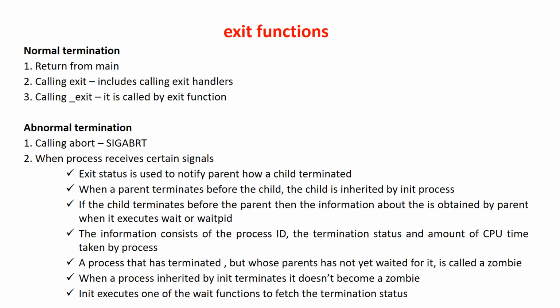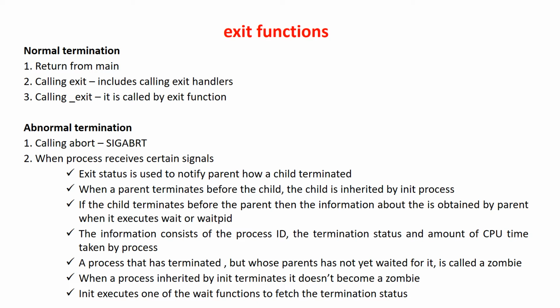Here in this slide we are discussing how exit functions work. One is the exit function when normal termination completes, and how it works. Sometimes there is an unavoidable situation that creates an abnormal termination; then how does the exit function work in these two different types of scenarios or conditions?